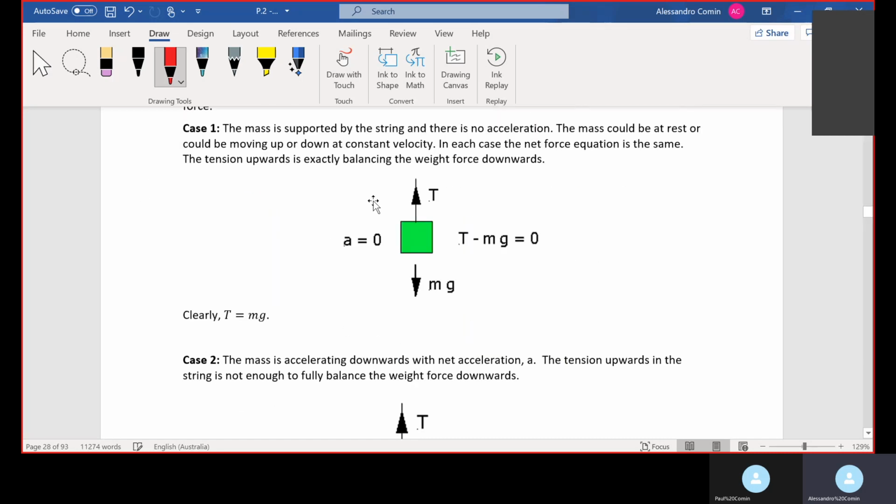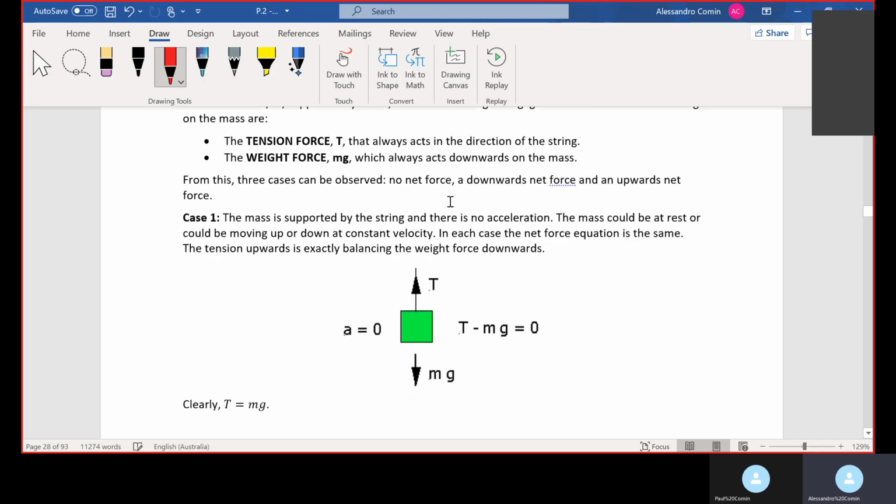In the first case where the box is staying still, if we look at our net force, sigma F, that's going to be T minus mg. A way you can think about sigma F is force up minus force down, force left minus force right, etc. You just pick one direction and then subtract the other direction, because technically we're adding them.